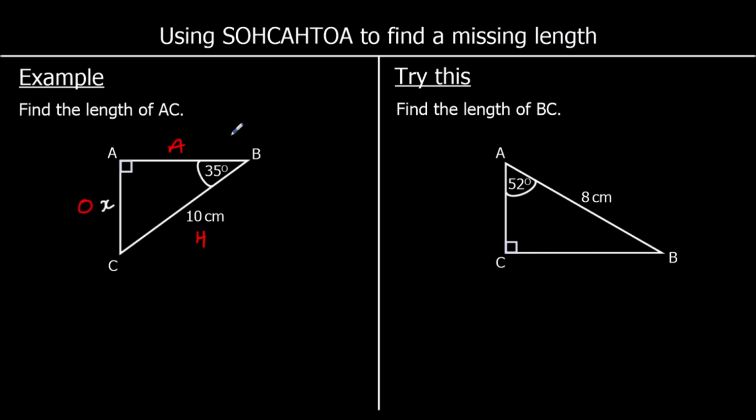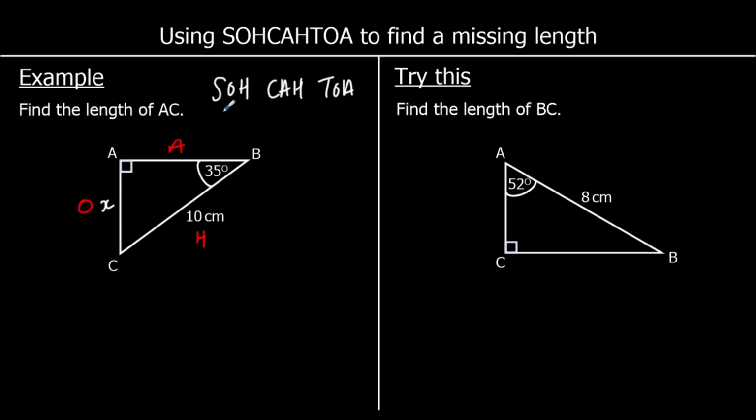We need to figure out which ratio we're using: sin, cos, or tan. So we can use SOH, CAH, or TOA. H is in the question and O is in the question. So we want to work out O. We know H. But for A, we don't know what it is and we don't want to know what it is, so we're not going to use A. We're using the one with O and H, or the ones without A in.